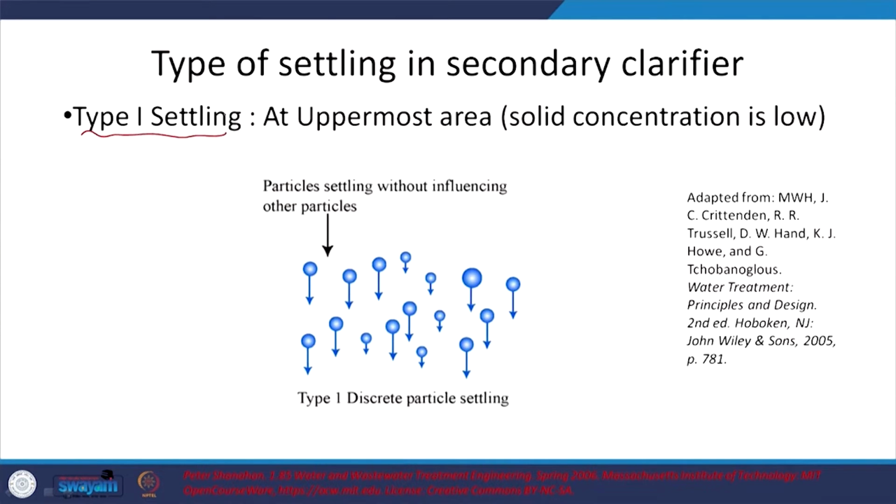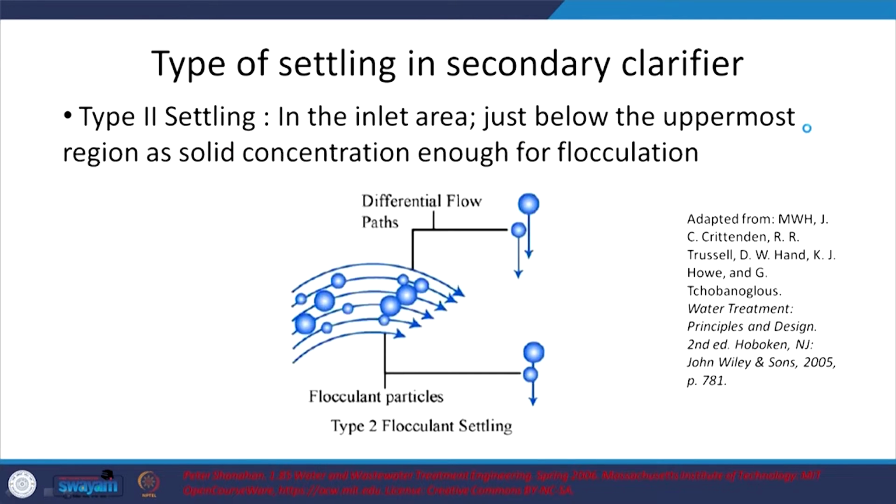Type 1 settling is discrete, as in each particle does not influence or interfere with the settling of the other particle, right. This occurs in the topmost layer, where solid concentration is relatively low. And type 2 settling typically occurs in the inlet area. If it is rectangular or even if it is upflow, in that inlet area you will have the solid particles or flocs coming in contact with each other, bigger flocs being formed.